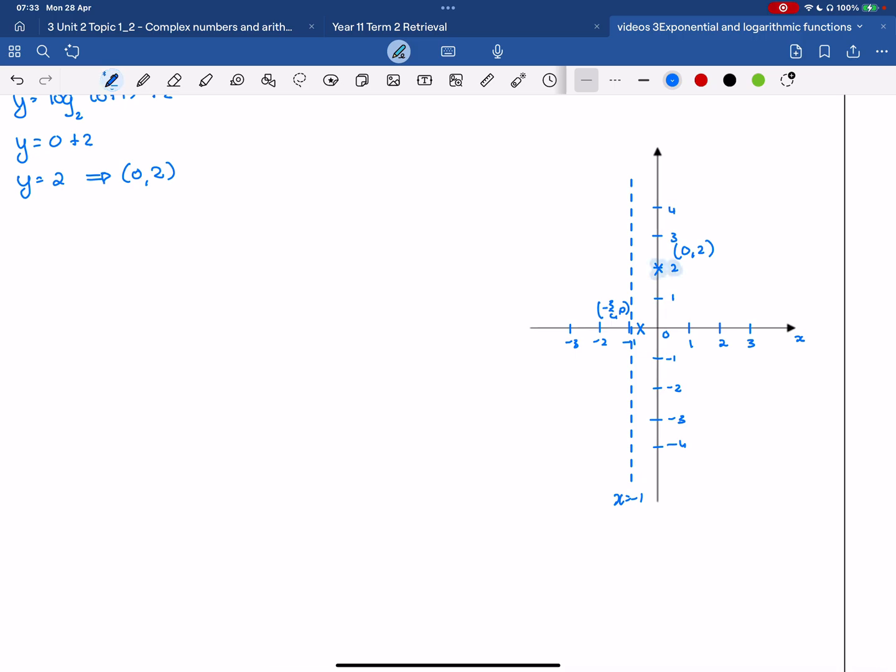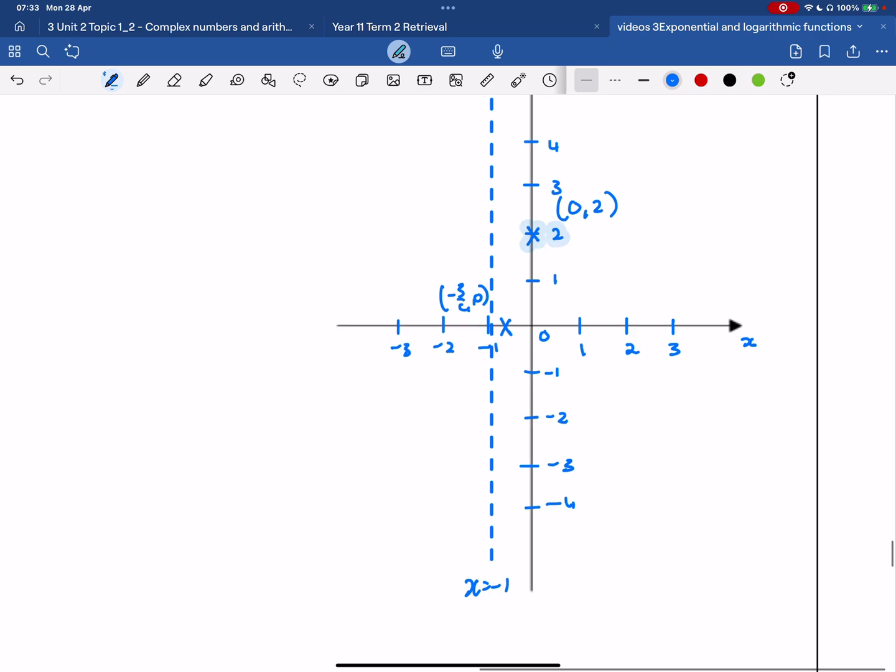And then we're going to sketch a nice smooth curve, getting closer and closer to the asymptote without touching it, through our intercept and going to infinity. So this is y equals log base 2 of x plus 1 plus 2.